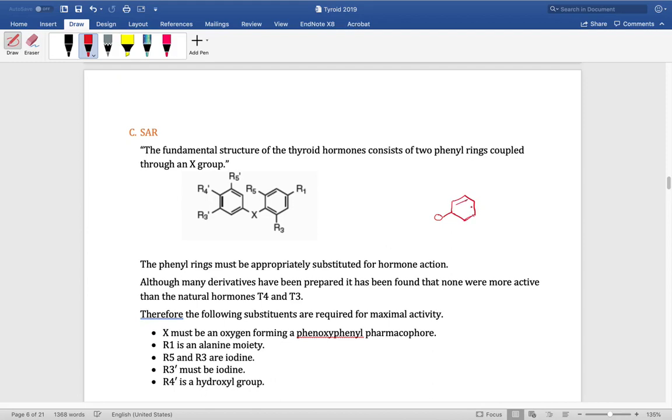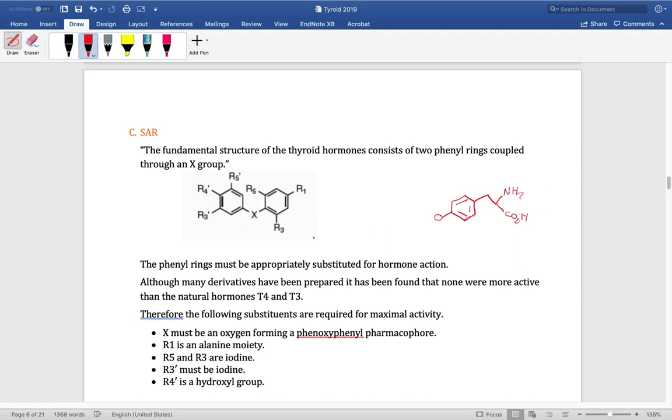Then let's do the aromatic bonds in here. All right, so the R1 has to be an alanine. This is the position of the R1 here, and you know the structure of the alanine, so you're going to have 1 carbon, 2 carbons. You're going to have an amine at this position, and here the carboxylic acid, CO2H.